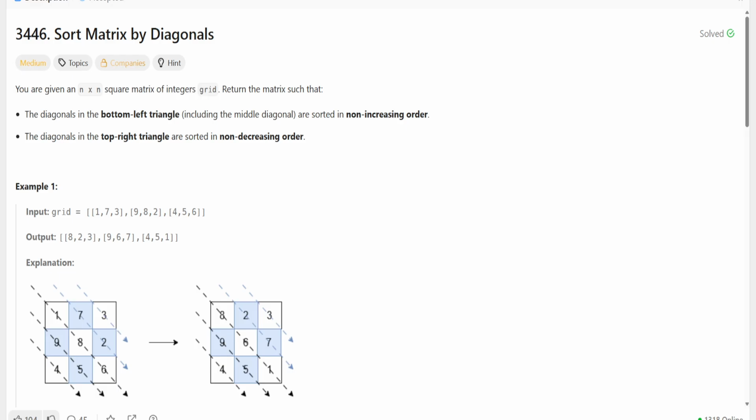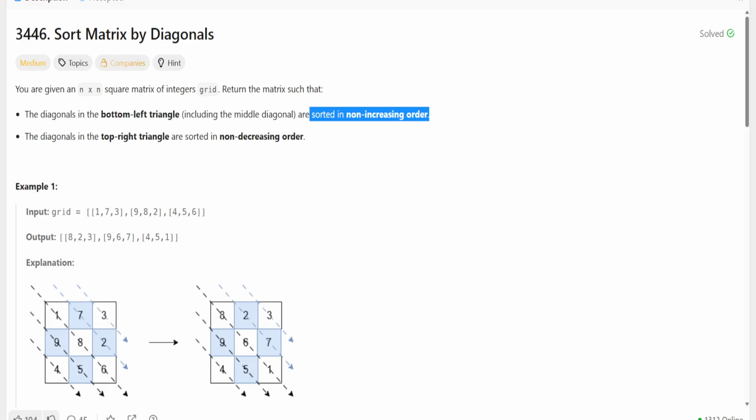The diagonals in the bottom left, including the middle diagonal, in the black color, are sorted in non-increasing order, which means descending order.